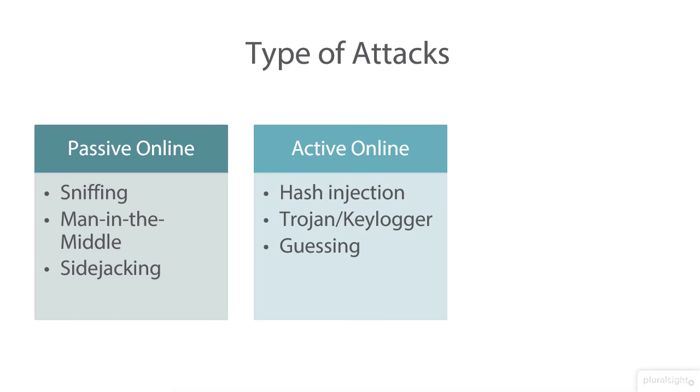We could also use a Trojan or a keylogger. We're going to talk about those more in detail coming up. In fact, we have a whole course coming up just on Trojans themselves. But when it comes to things like keyloggers, this is where we're going to monitor every single keystroke going on a particular system or a particular target. And all those keystrokes, depending on the keylogger itself, could be transmitted back to the attacker.